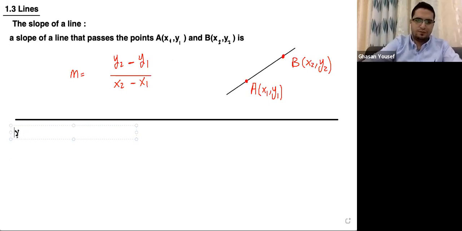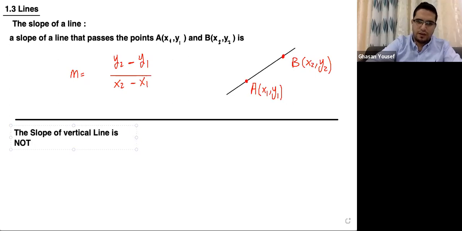Undefined, exactly. The slope of a vertical line is not defined. Why? I showed why last time, but I'm going to repeat what I said.